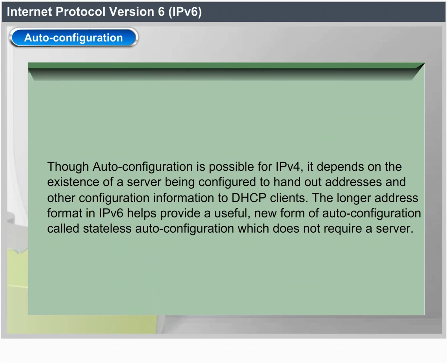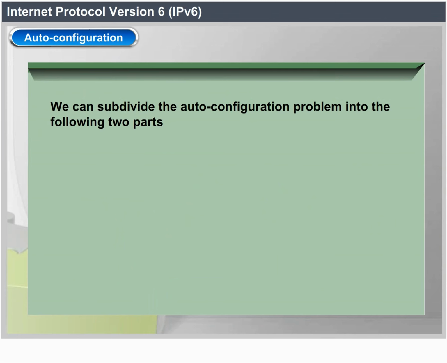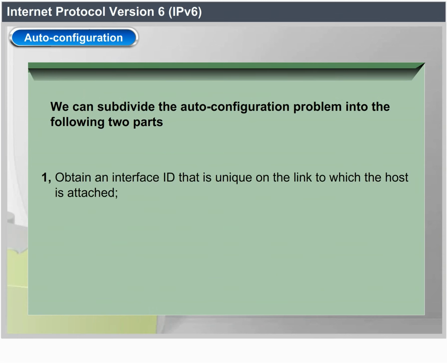We can subdivide the auto-configuration problem into two parts. 1. Obtain an interface ID that is unique on the link to which the host is attached. 2. Obtain the correct address prefix for this subnet.